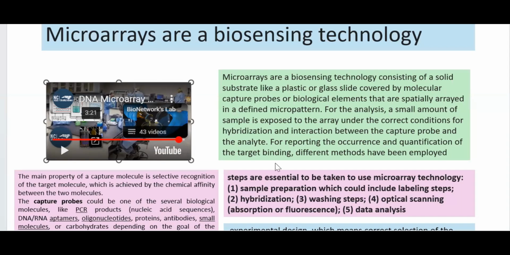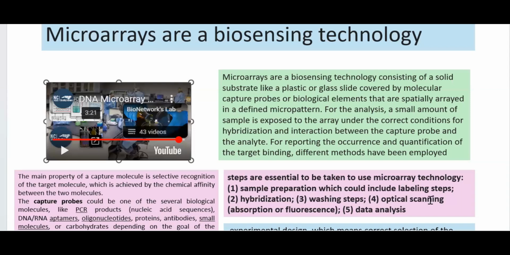Right. So when it comes to performing this analysis, what are the steps? Sample preparation. So as we have seen, extraction of the RNA and its purification and its check for integrity. That is sample preparation. Then you are going to have the second part in sample preparation, that is the labeling step, right? And then you are going to add it to the chip. Hybridization is going to be allowed. Then you are going to wash. So washing steps are there to remove the unwanted, unattached, unhybridized molecules.